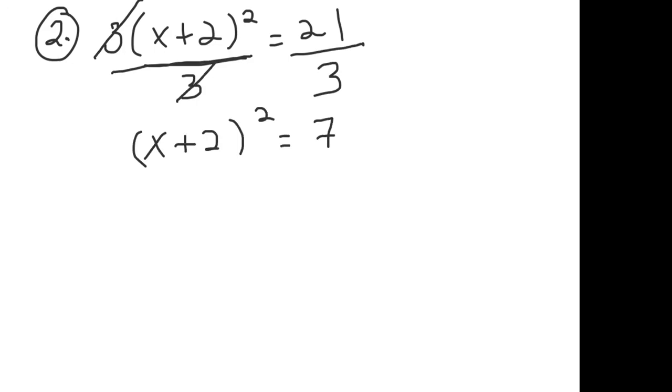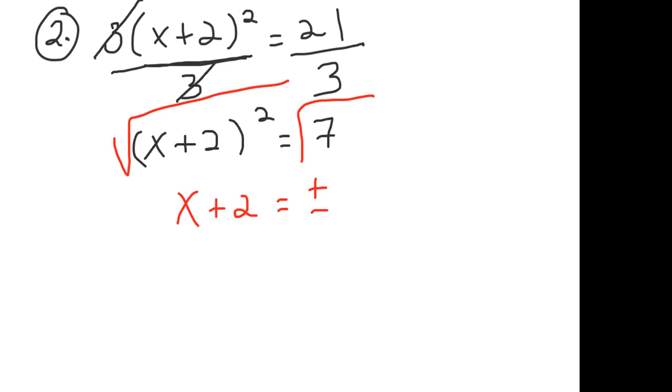Now, again, you want to get rid of that power to solve for x, so you do the inverse and take the square root of both sides. So you get x plus 2 is equal to, remember, a compound solution, plus or minus the square root of 7. We leave it like this because you cannot simplify the square root of 7.